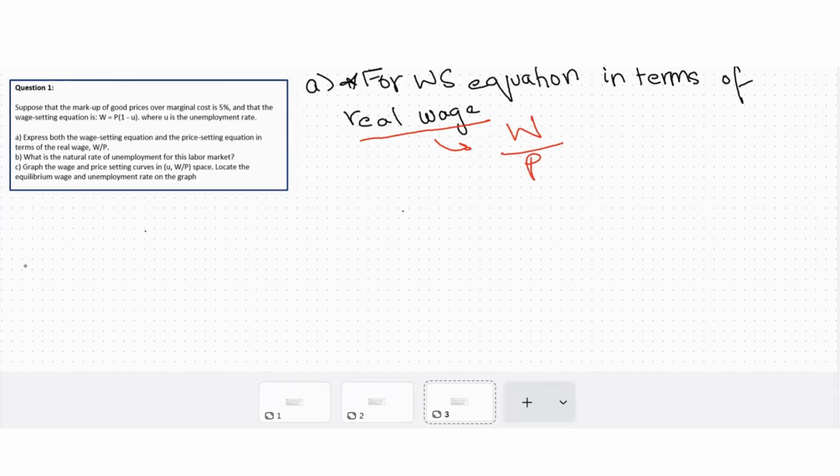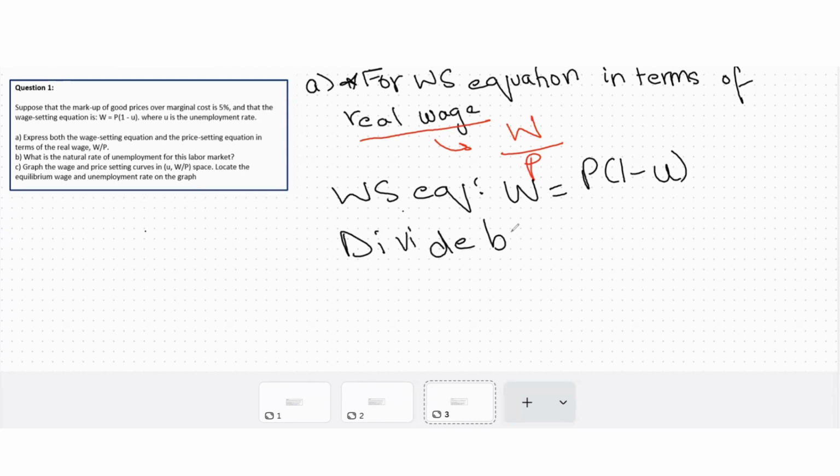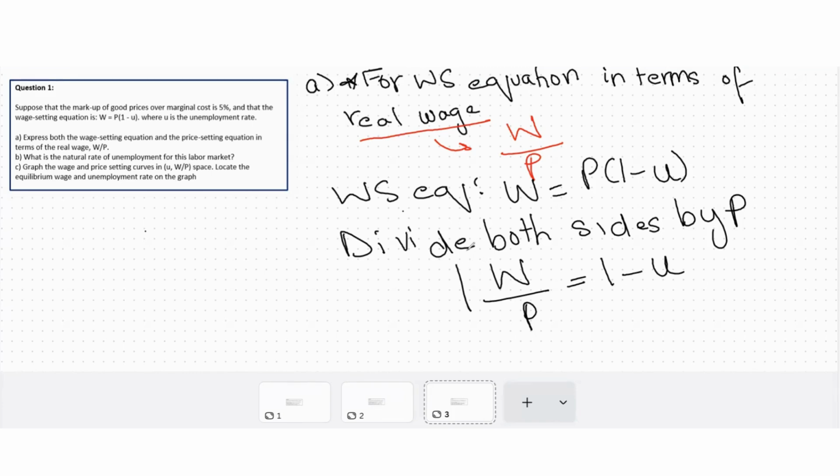Now the WS equation is W is equal to P(1 minus U), where U is the unemployment rate. So this is very straightforward. We just divide both sides by P. So we get W/P is equal to 1 minus U. So this is the WS equation in terms of the real wage.